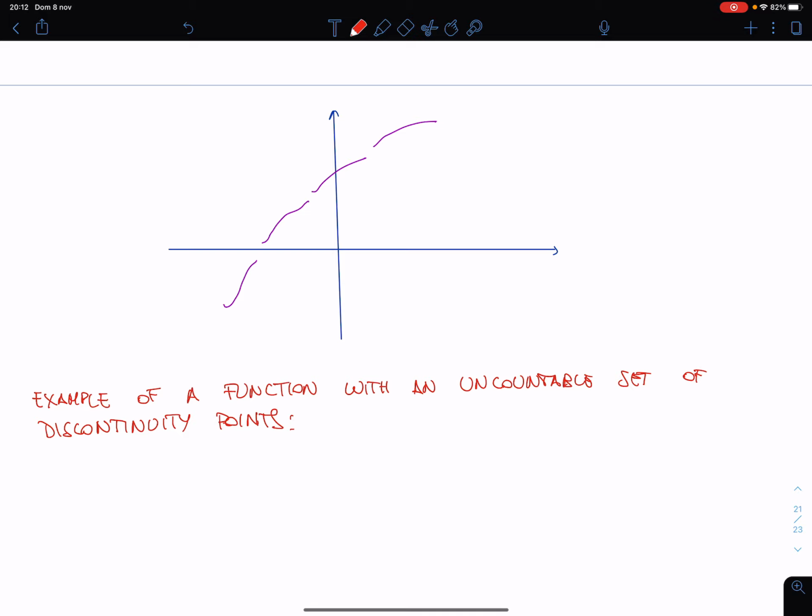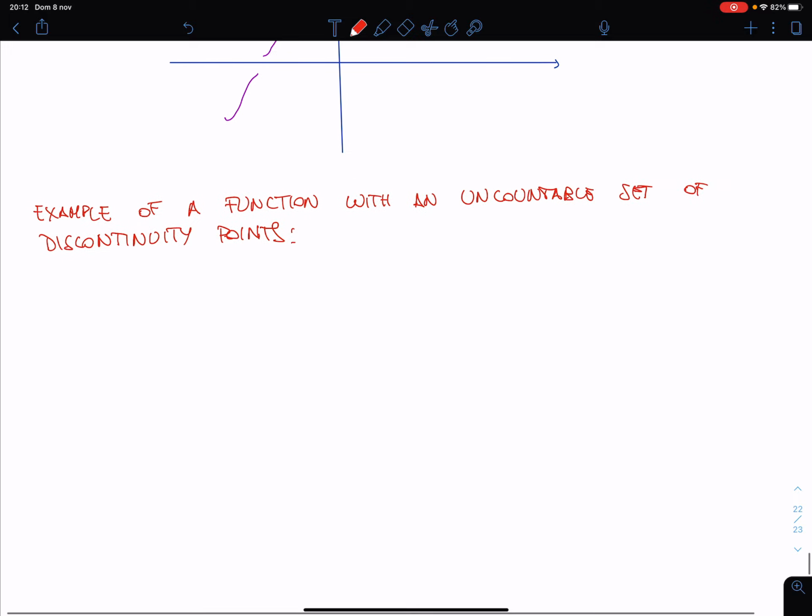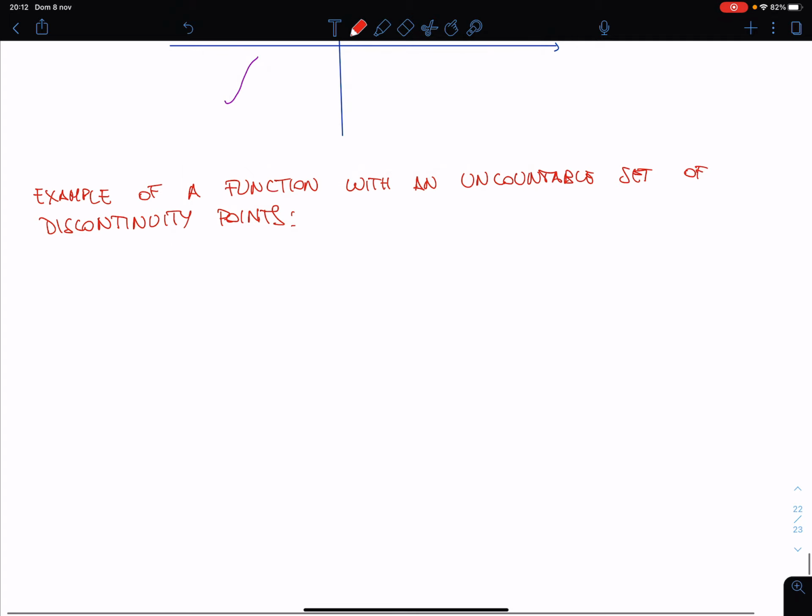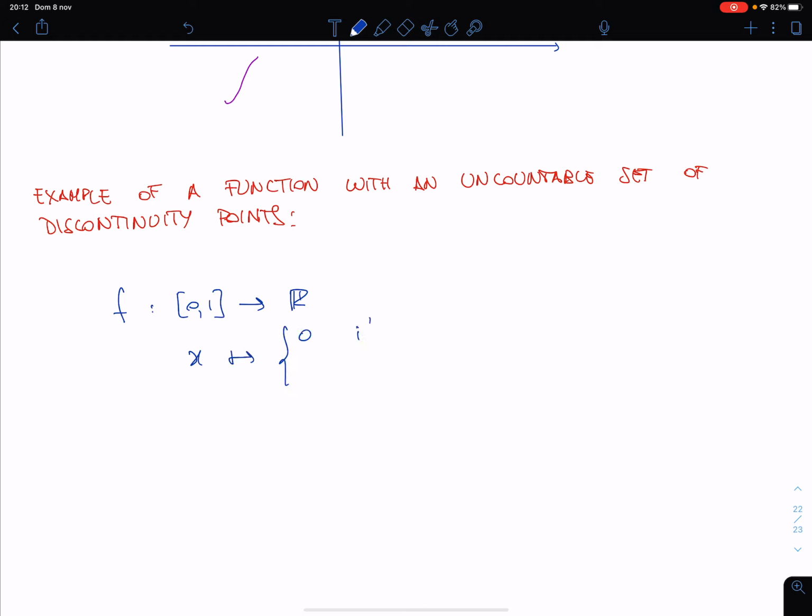This is a very famous example, so I ask you to remember it, because it is f from 0, 1 to R, or you can extend it to R, that associates to every x 0 if x is rational, 1 if x is irrational.